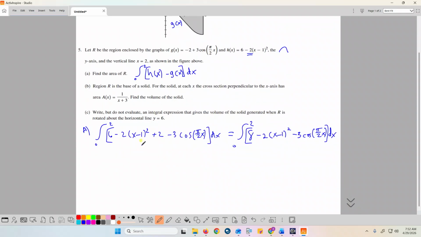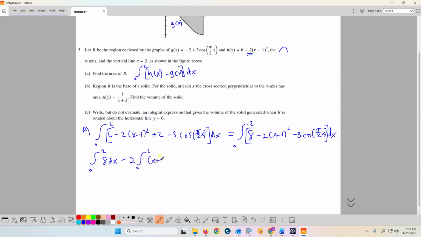From here, I want to start taking the antiderivative of each term, all right? So I'm going to split this up. This is the integral from 0 to 2 of 8 dx, right? And then I can subtract this. So I'm going to take out that -2, and then take the integral again from 0 to 2.